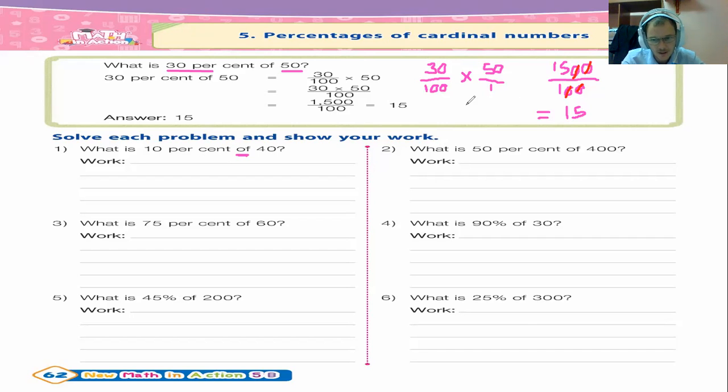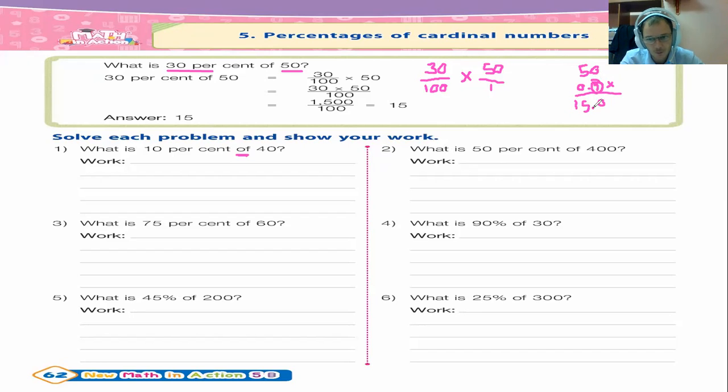So let's see here. Let's do the other one as well. We have 50 multiplied by 0.3. 3 times 0 is 0. 3 times 5 equals 15. How many decimal places do we have? 1.